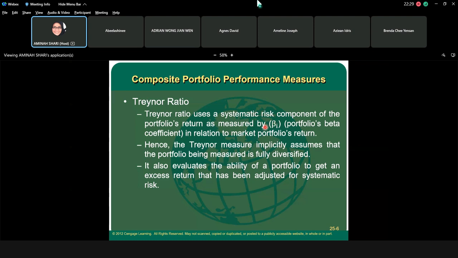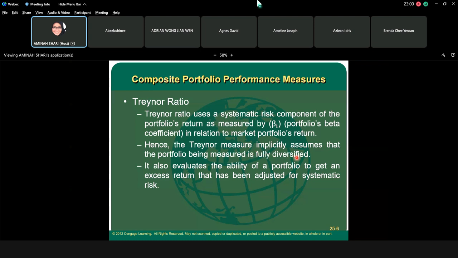When you look at the methodology section of my research paper, at the Treynor ratio formula, you will find the beta formula. The Treynor ratio uses systematic risk as measured by beta. In the Excel sheet there is also a beta component for calculating the Treynor ratio.